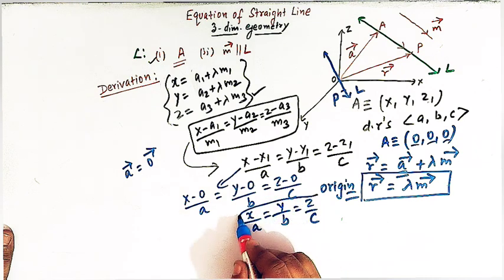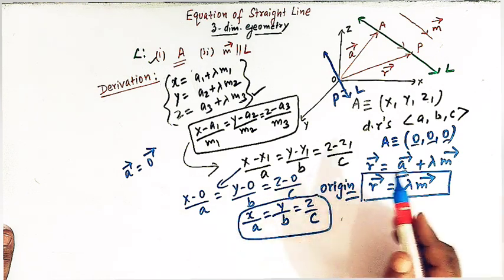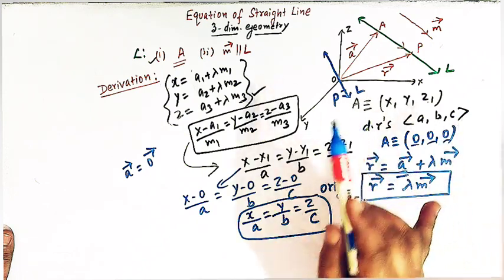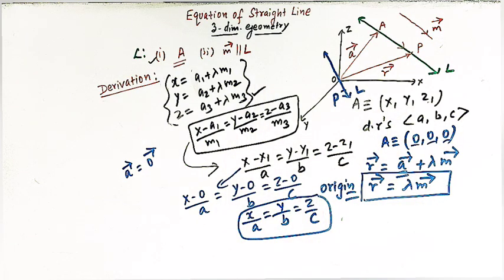So this is the Cartesian equation of a straight line passing through the origin. So this is how we can derive the vector equation and the Cartesian equation of a straight line in 3 dimensions.